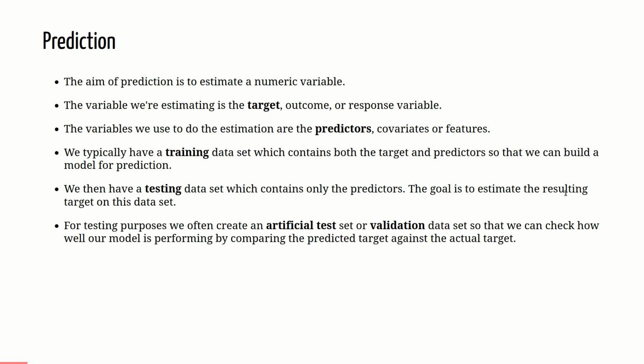So we have both the predictors and the target. And often that's done by actually taking the training data that we're given and splitting it into two. So we might keep, say, 2/3 of our training data as real training data to build our model, and then 1/3 of it will be kept back as a validation set, so that we can compare. We will do prediction on that validation set and compare our predicted target with the actual target to see how well we do.